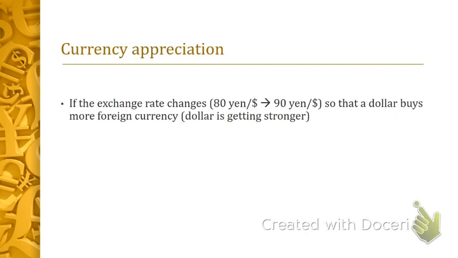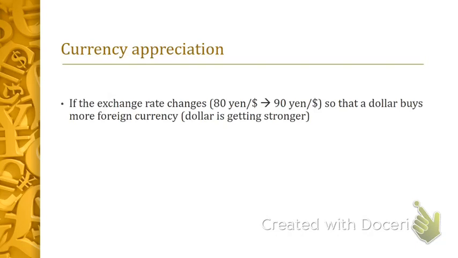Currency appreciation. If the exchange rate changes from 80 yen per dollar up to 90 yen per dollar, so that the dollar buys more foreign currency, the dollar is getting stronger. The other currency number is going up, but that means the dollar is getting stronger because for each dollar, now you're getting 90 yen versus 80 yen.